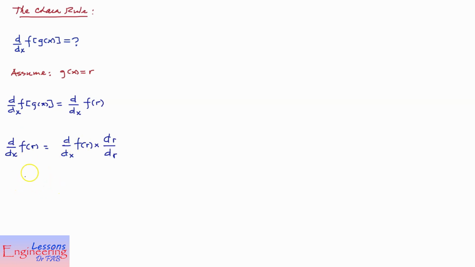So I can then rearrange this as follows. d by dx of f of r times dr by dr can be rearranged as d of f of r by dr times dr by dx.